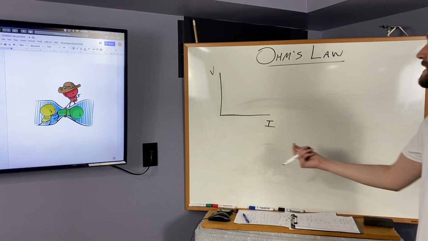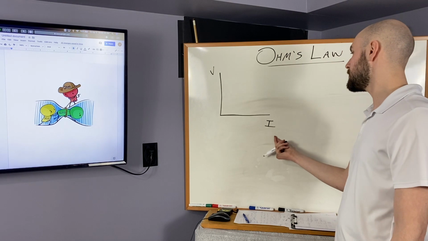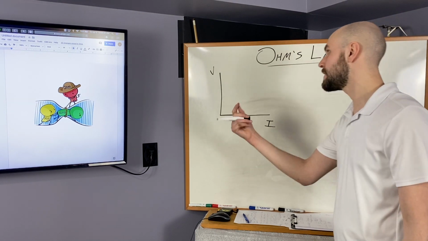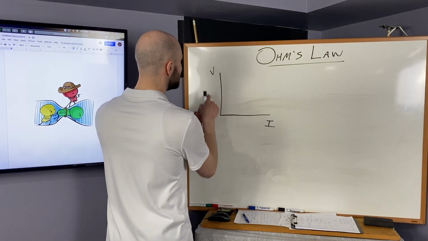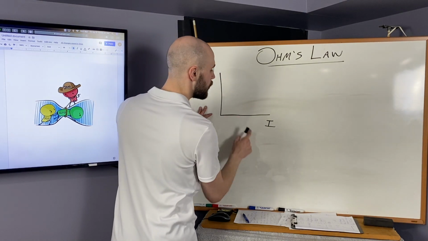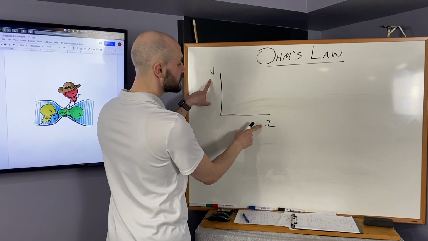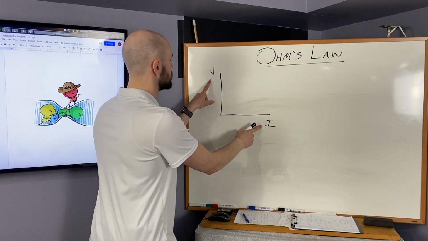Let's say we start increasing the flow of electricity across that resistor. How does it affect the voltage? Well, for that resistor, we're going to need more voltage for more current to flow. These are directly proportional.